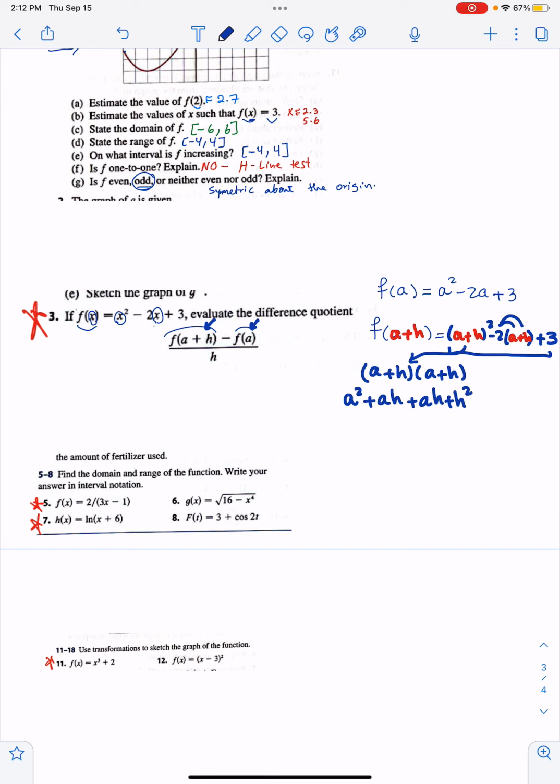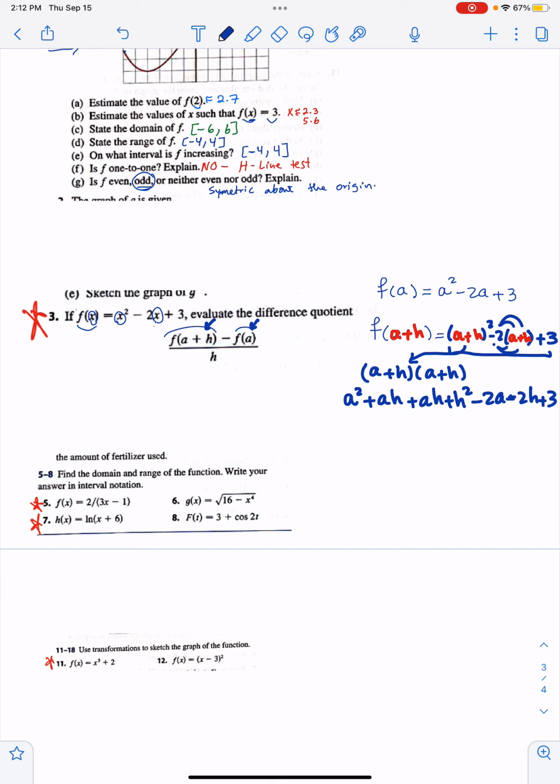Now distributing the negative 2 into both terms, it's negative 2a minus 2h, and then plus 3.